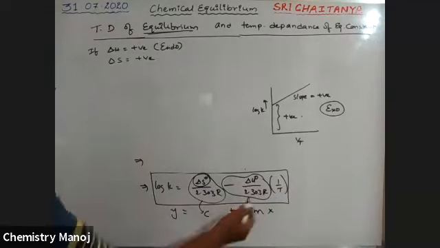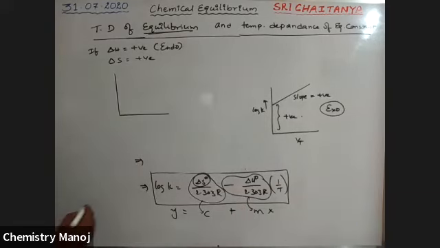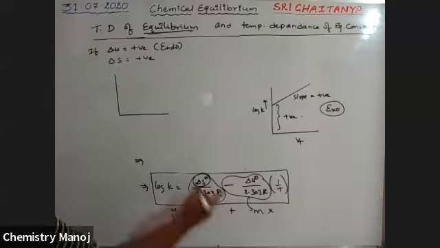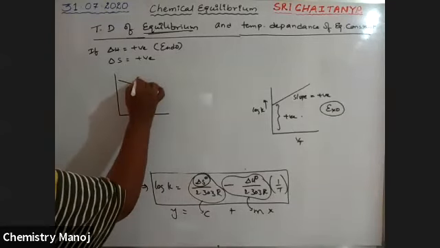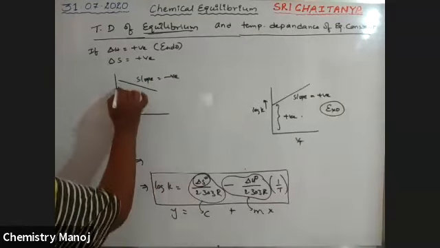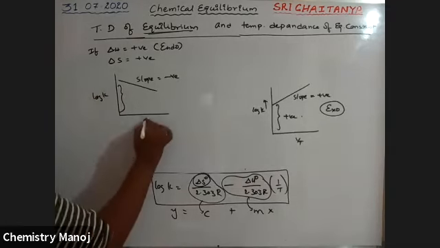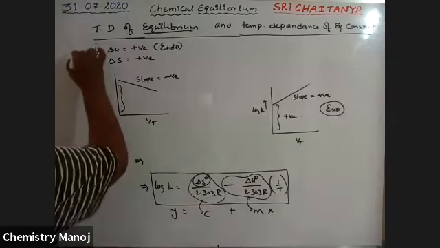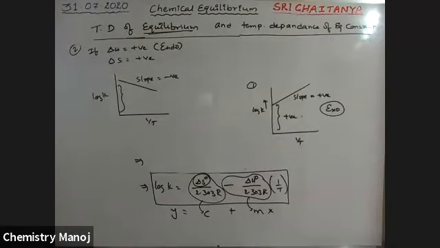So therefore the slope should be negative. So the graph is like this, with negative slope, and the y-intercept. It is log K versus 1 by T. So that is the second case, and the previous one is the first case.